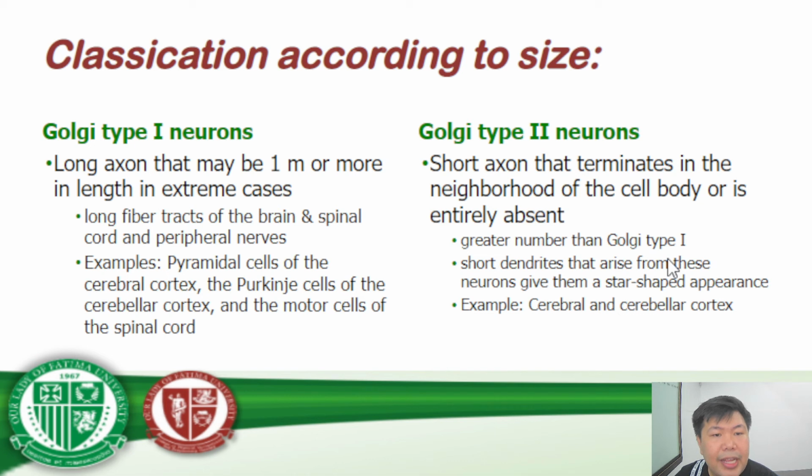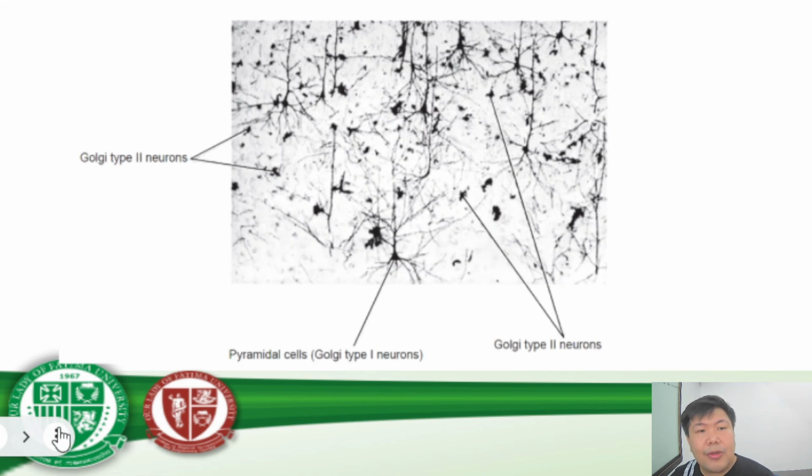Alright? And where can you find your Golgi type 1? They can be found in the brain and spinal cord and peripheral nerves. While the Golgi type 2 can be found in your cerebrum and cerebellum. Okay, so this is how they would look like. Again, Golgi type 1, those are the ones with long axons, no?